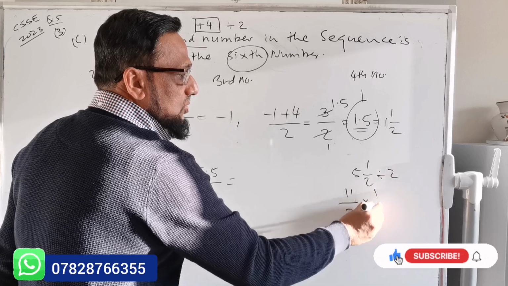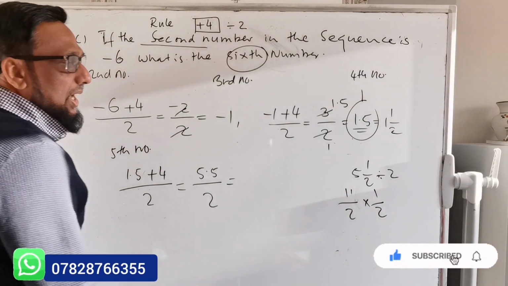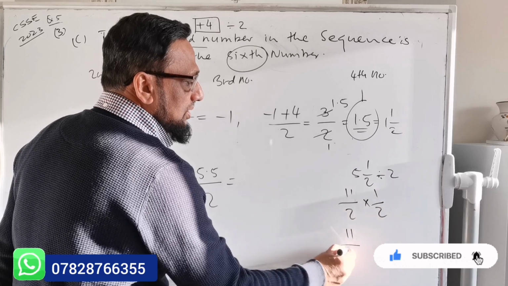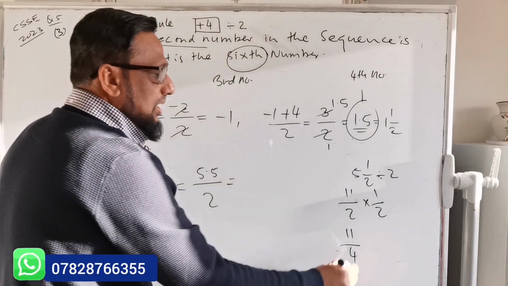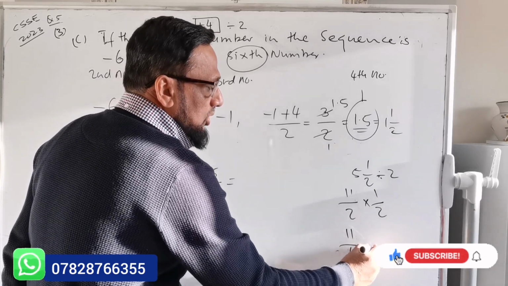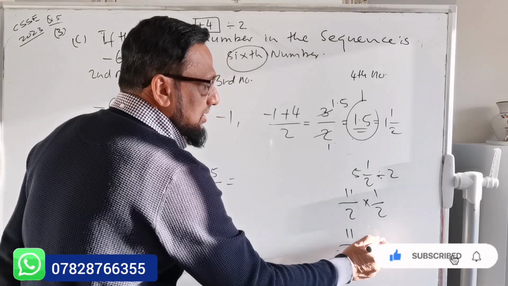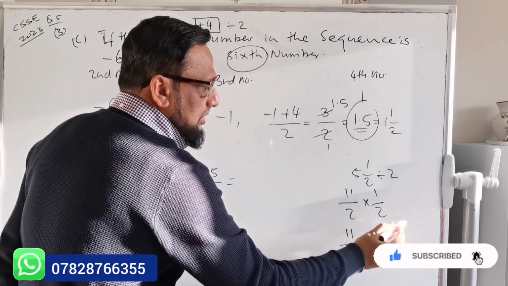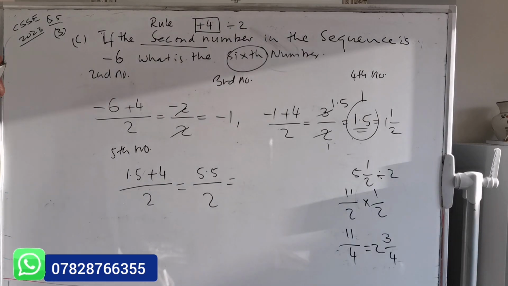Divide by 2, flip the fraction, and you get 11 over 4. 4 times 2 is 8, and the remainder is 3.